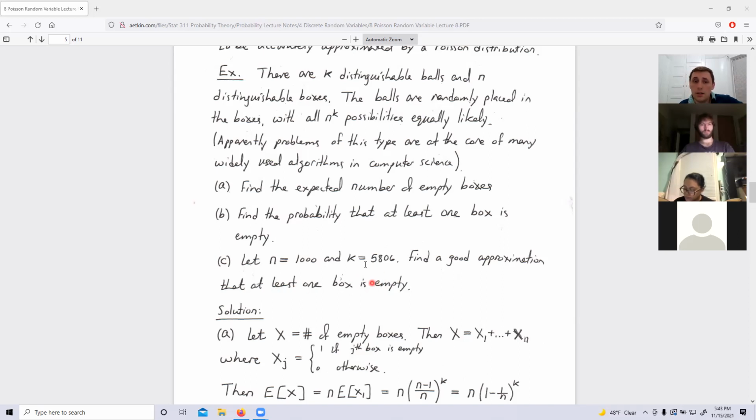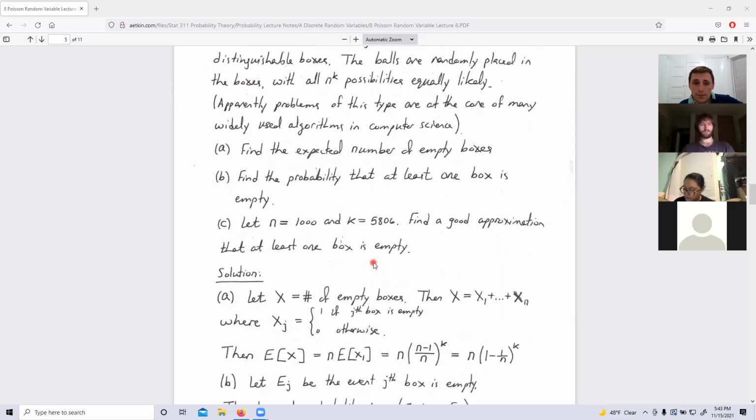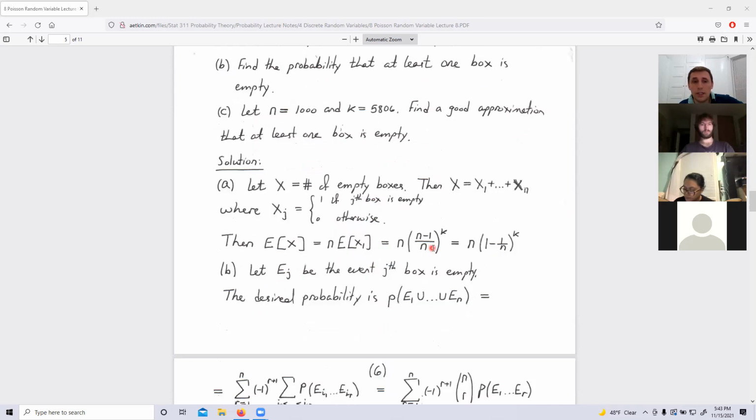So then what you can see is we can calculate the expected number of empty boxes. The expected number of empty boxes is given here. We can say x1 will add 1 if box number 1 is empty, and x2 will do that for box number 2, and so on and so forth.